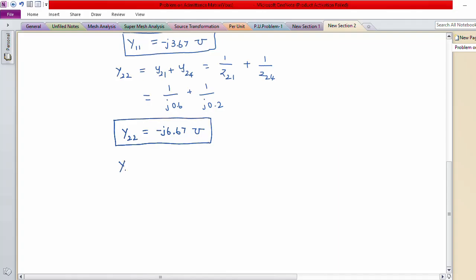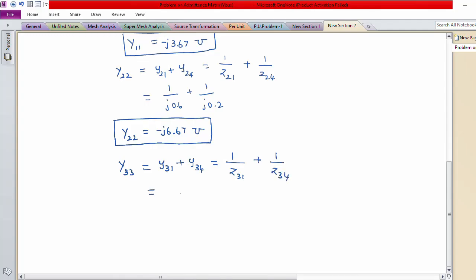Similarly, for y33, the number of lines connected at bus number 3. So at bus number 3, there are two lines connected. One is line 3 to 1 and line 3 to 4. So we are writing the equation for y33 as y33 equal to y31 plus y34. So by writing in terms of impedance, 1 by Z31 plus 1 by Z34.